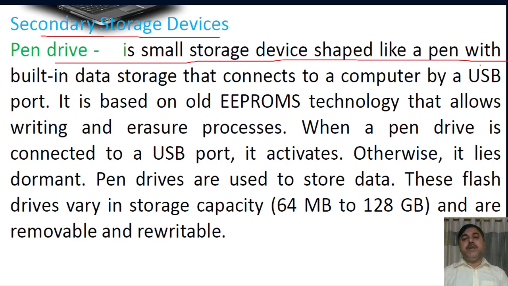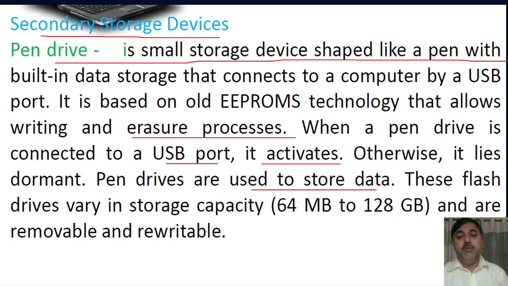It is based on EEPROM. We use the USB port, it activates there, and the pen drive can store the data. What is the storage capacity? The storage capacity is 64 MB to 128 GB, and it is removable and rewritable.